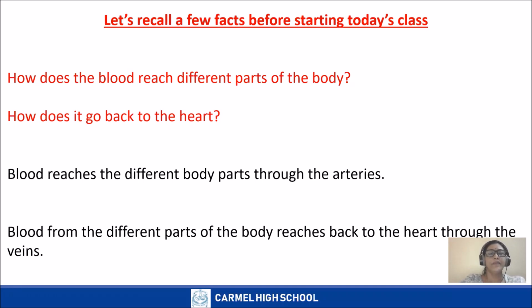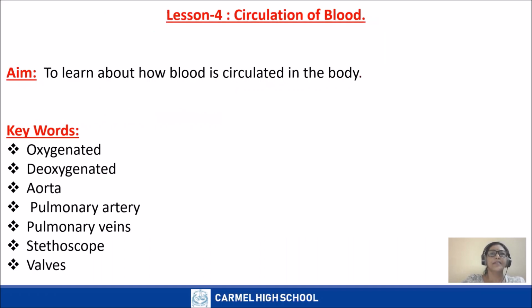So now we will today start lesson 4, that is the circulation of blood. Our aim is to learn about the circulation of blood in our body.